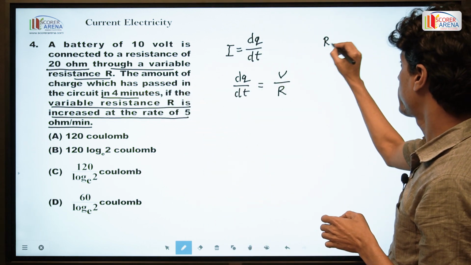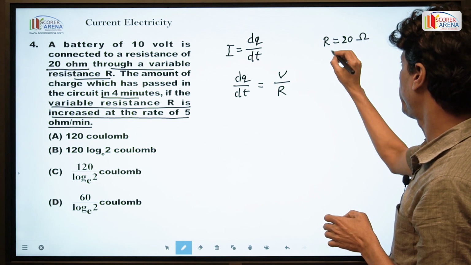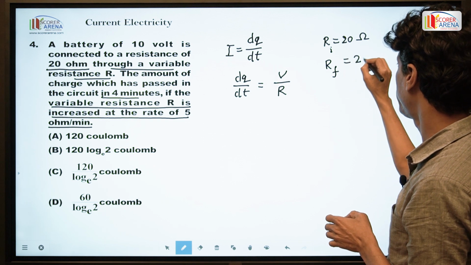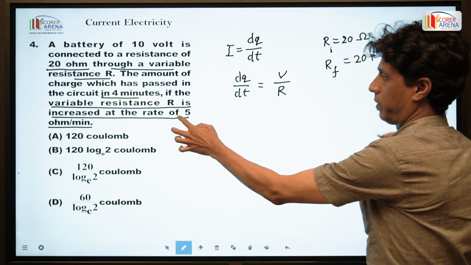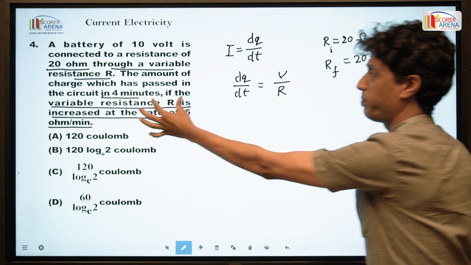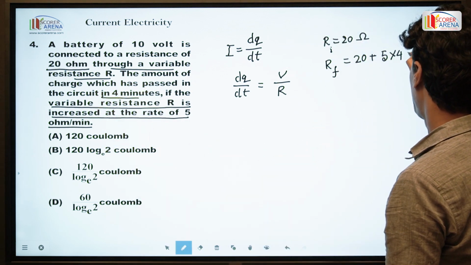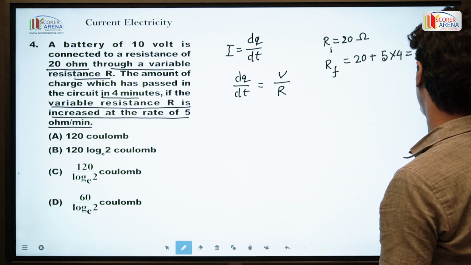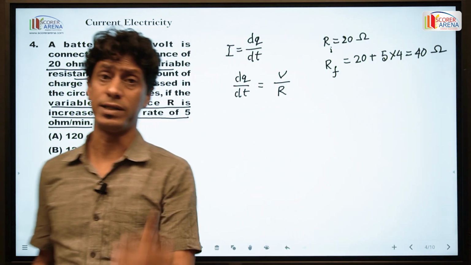Initially the resistance is 20 ohm and finally the resistance of this conductor is 20 plus 5 ohm per minute times 4 minutes, which becomes 40 ohm. So this is the problem based on the variable resistance.